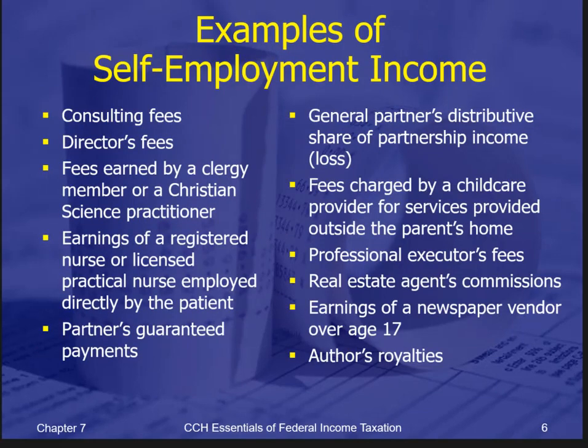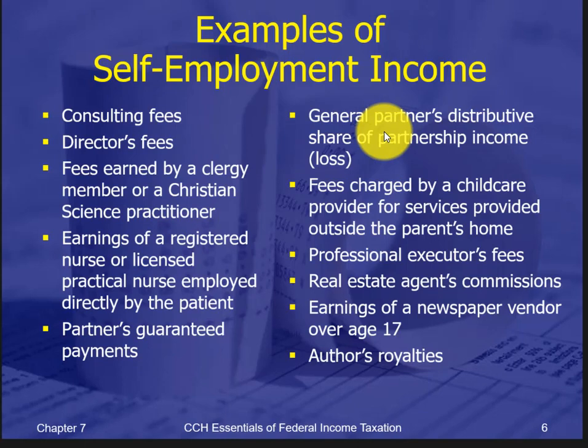So some examples of what we refer to as self-employment income. It's a little broader than you might think and includes things like director's fees for board of directors, fees earned by a member of the clergy for performing marriages or things like that, guaranteed payments for a partner, and income from a general partner's share of their partnership.